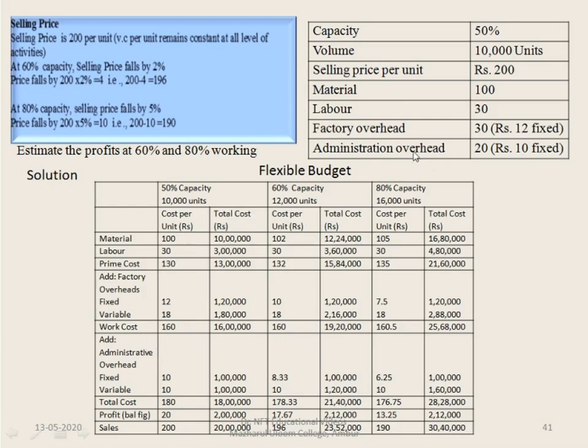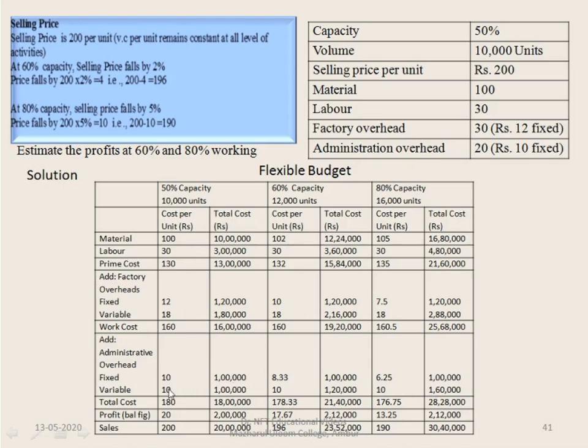Now administrative overhead is 20 rupees, of which 10 is fixed. So 10 rupees is fixed and 10 rupees is variable. The same way, you calculate the administrative overheads as well. The variable cost of 10 rupees per unit is constant. Multiply it with the respective units.